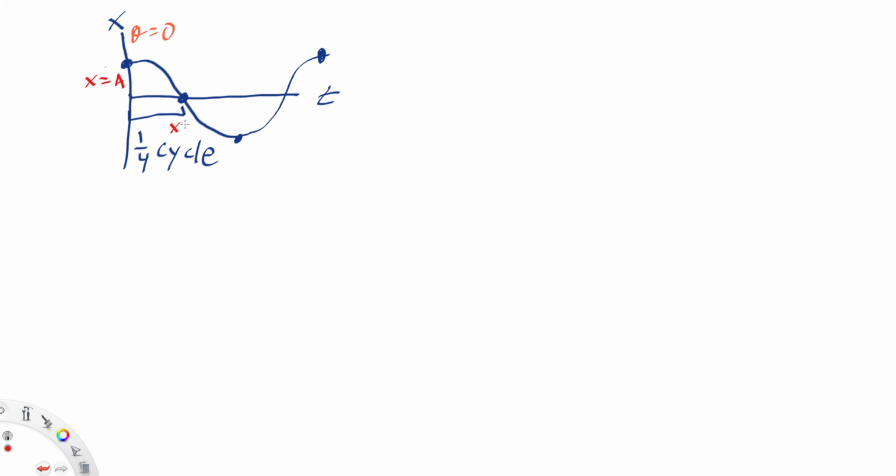And here, this could be stretch is a minimum, compression is a maximum, stretch is 0, and then stretch is a maximum. But it's also perfectly valid to say, well, if this is our theta equals 2 pi position, our maximum compression is going to happen at theta equals pi, and then here theta equals pi over 2, theta equals 3 pi over 2.